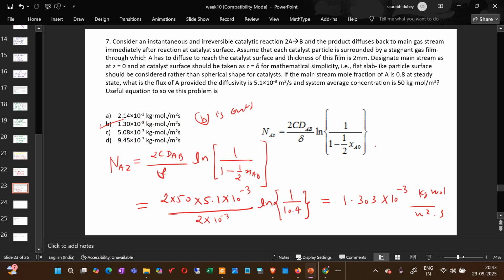So this is what: the mole fraction of A in is 0.8, and it will be 2 because of the 2 gives 3 types, 0.4.